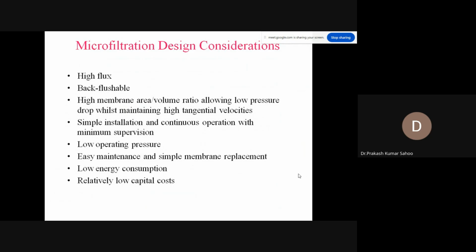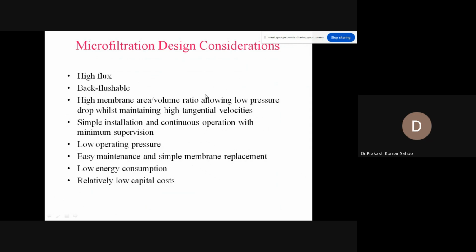Then we have the back flushable, high membrane area to volume ratio, allowing low pressure drop while maintaining high tangential velocities, simple installation and continuous operation with minimum supervision, low operating pressure, easy maintenance and simple membrane replacement, low energy consumption, relatively low capital cost.